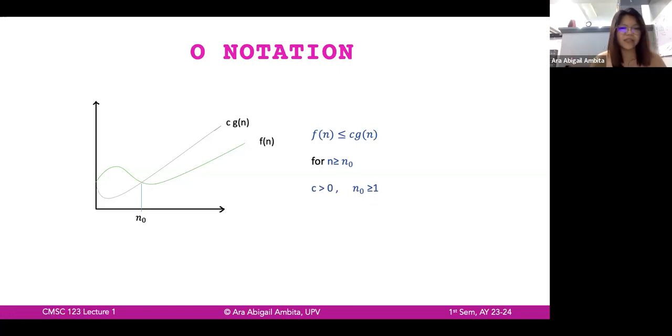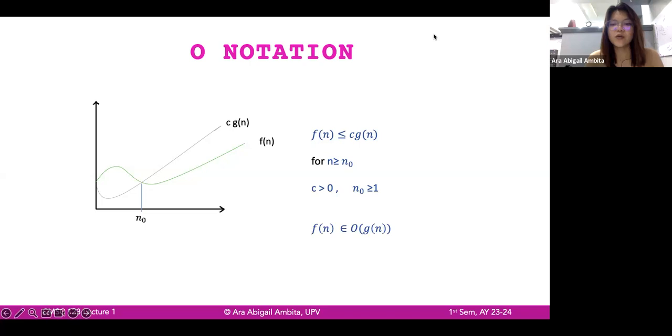So this big O notation represents the upper bound of an algorithm's time complexity. Essentially, this provides an upper limit on how an algorithm's running time scales as the input size increases. Do you remember in the previous video the definition of asymptotic analysis? We mentioned that it's a way to understand the algorithm's behavior as the input size approaches infinity.